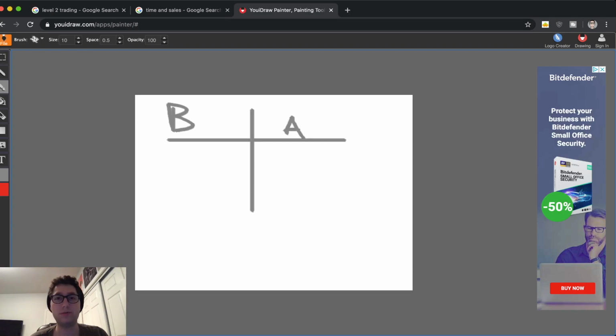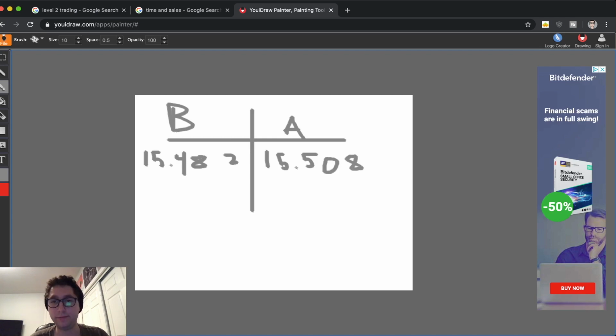The next thing you want to look for is general price quantities. Usually whole numbers and half dollars represent massive resistance or support lines. So let's say a stock just hit 15.50. You have 15.49 and 15.48 on the bid with 200 shares, and then you have 15.50, a very critical number, with let's say 8,000 shares.